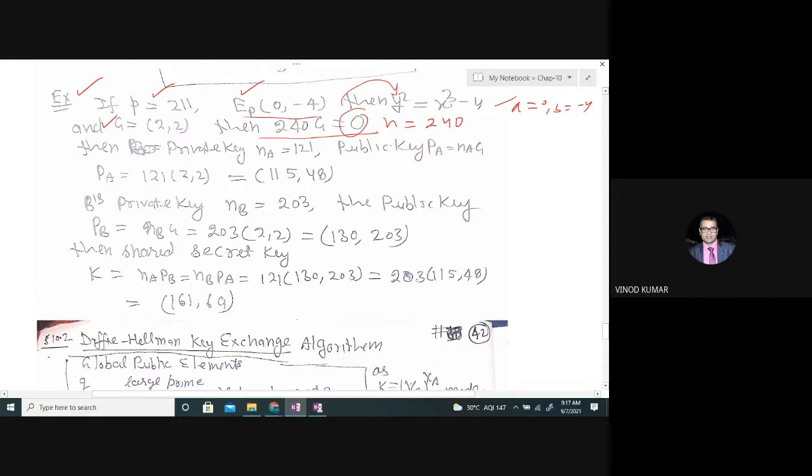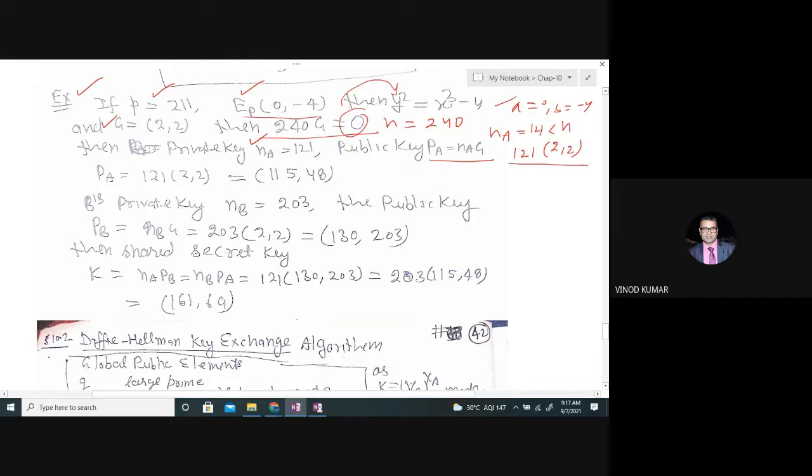Then the private key is chosen as nA equals 121, which is less than n. Calculate the public key PA equals nA into G, so 121 into (2, 2).